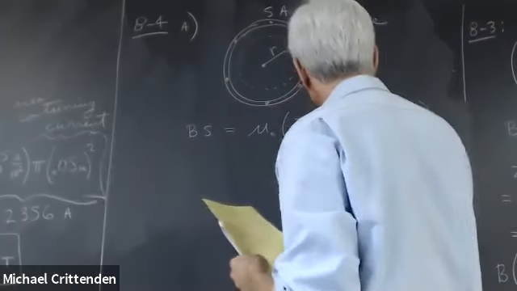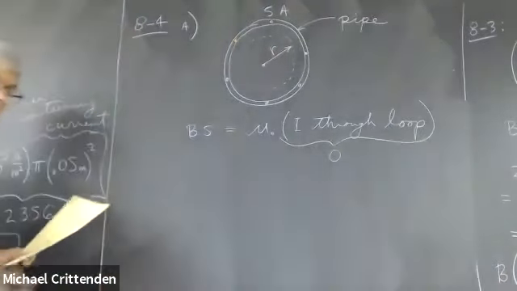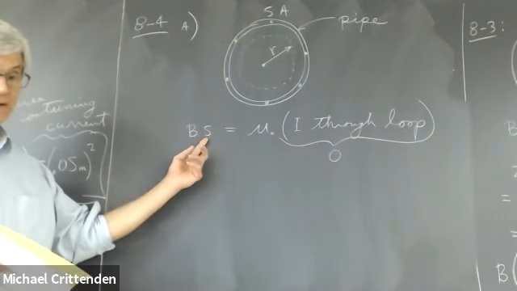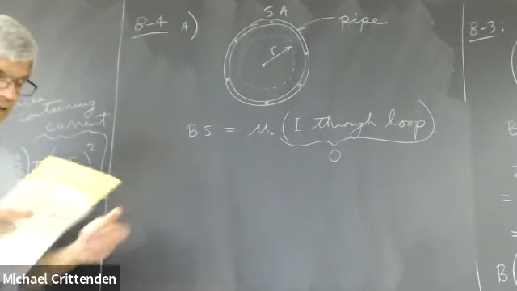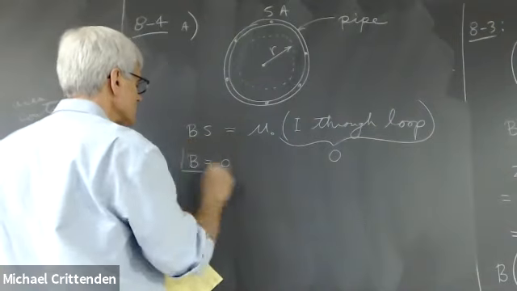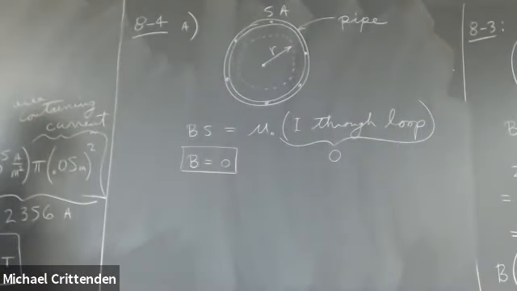So because I equals 0, and because the length of the path is not 0, that means that B must be 0. There is no magnetic field anywhere on the inside because there is no current in there.